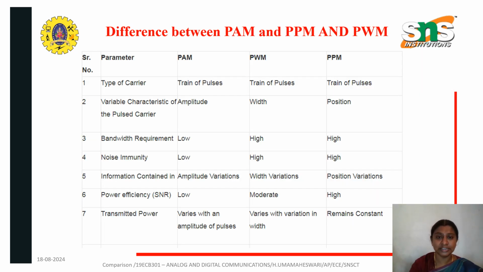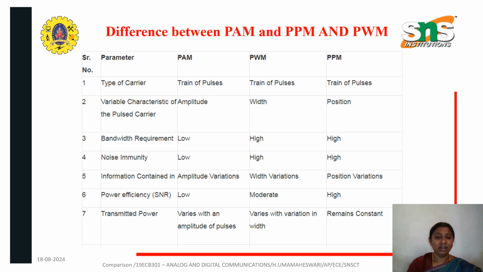The differences between pulse amplitude, pulse width and pulse position modulation are as follows. According to the carrier, all three techniques have only a train of pulses. The characteristic varied in the pulse carrier is amplitude in PAM, width in PWM, and position in PPM.